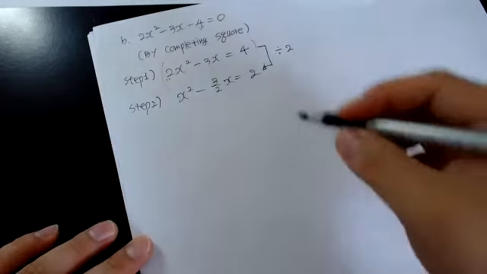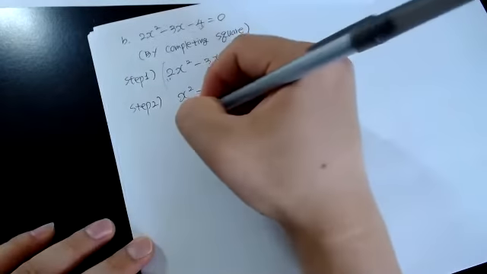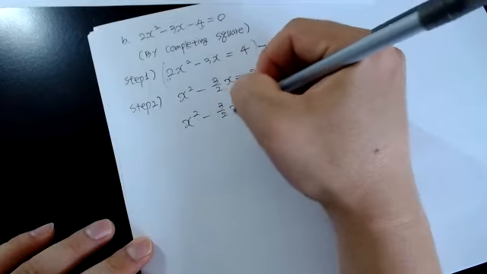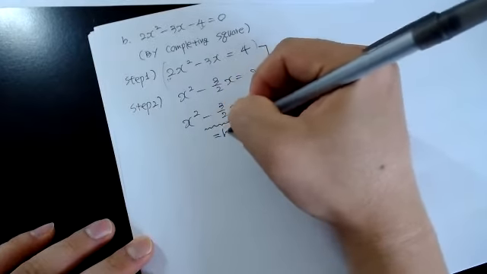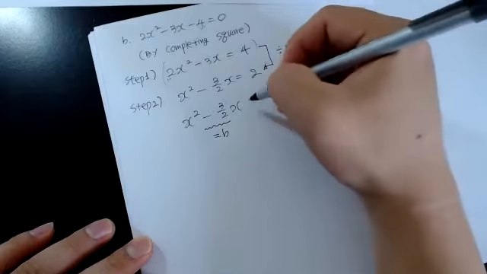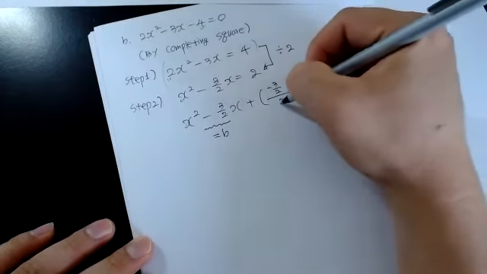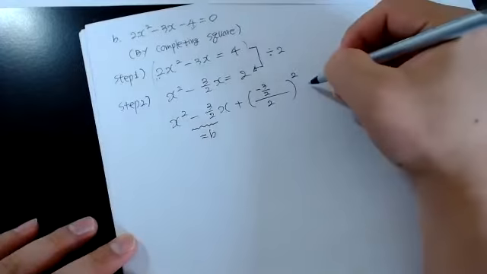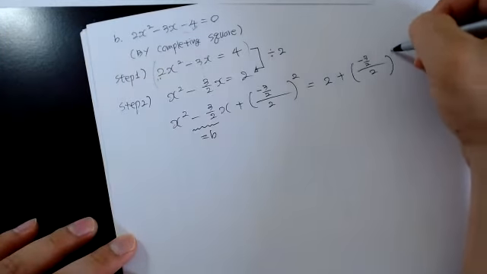So to get this, I just divide by 2. Now we use the rule for completing the square. So x squared minus 3 over 2x. Keep in mind this here is b. So we add b over 2 squared, so negative 3 over 2 squared, is equal to 2 plus negative 3 over 2 squared.